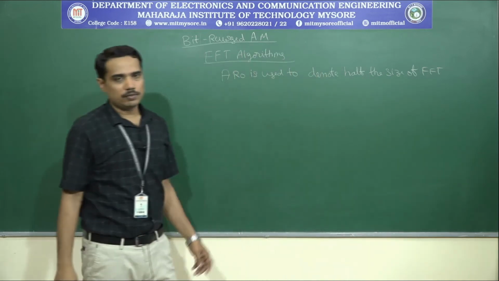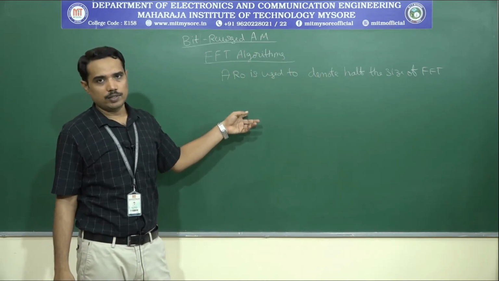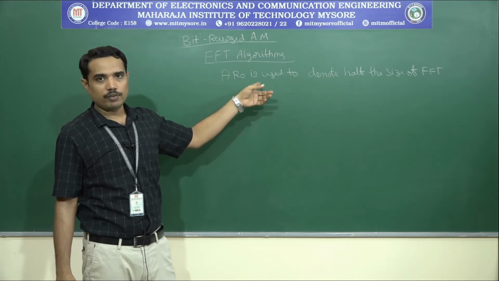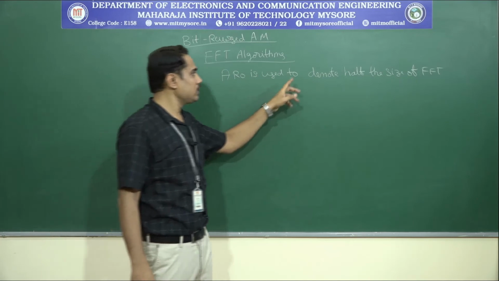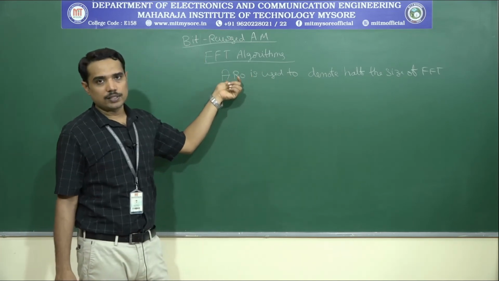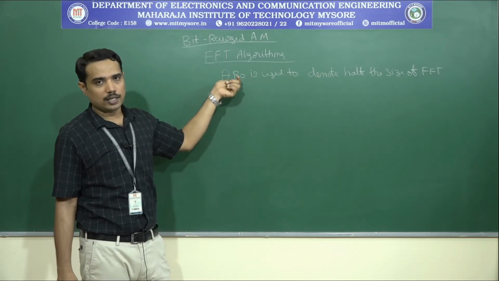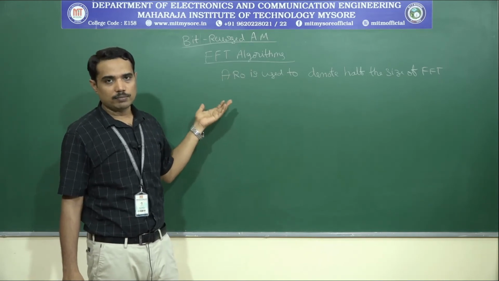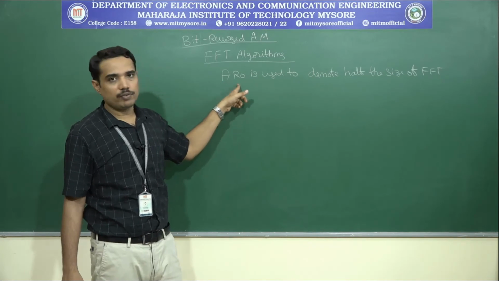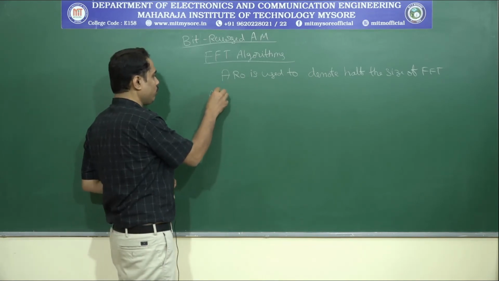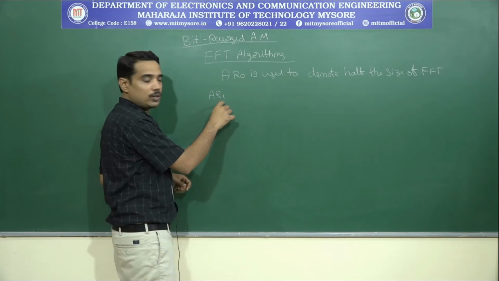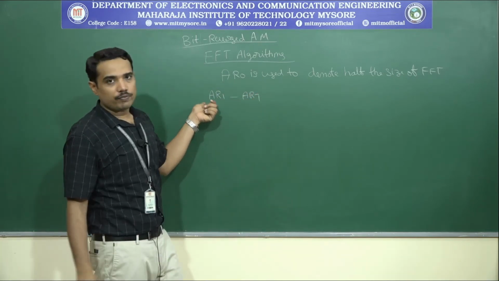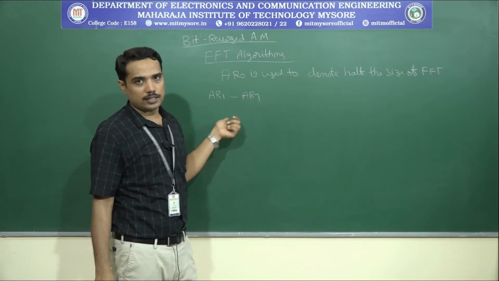Because we know that while calculating the index value, the current index is equal to the previous index plus half of the FFT size. In that sense, half of the FFT size will be held in AR0, and the previous index value will be held in a register other than AR0. It can be any of AR1 to AR7 for generating the next address.